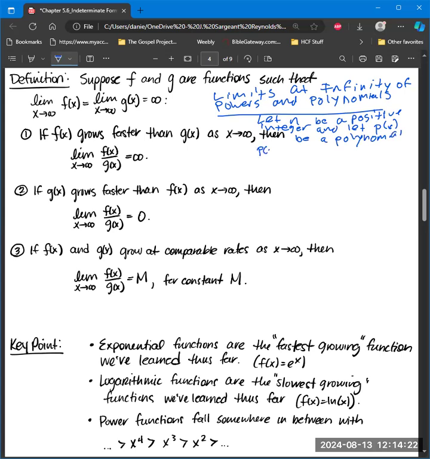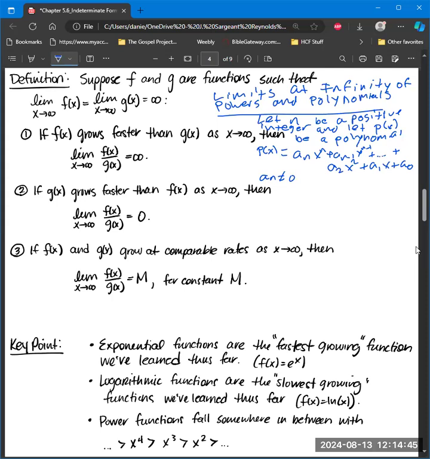P of x is equal to a sub n x to the n plus a sub n minus 1 x to the n minus 1 plus dot dot dot plus a2 x squared plus a1 x plus a sub 0, like that, where a sub n is not equal to 0.